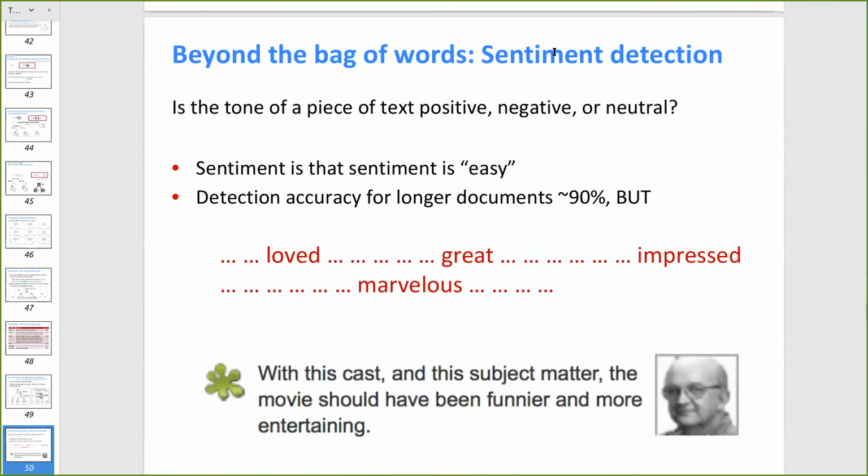So sentiment detection, saying whether a sentence is positive, negative, or neutral. Normally, detecting the sentiment is considered to be easy, but if the text gets too long, we see that the accuracy starts decreasing.